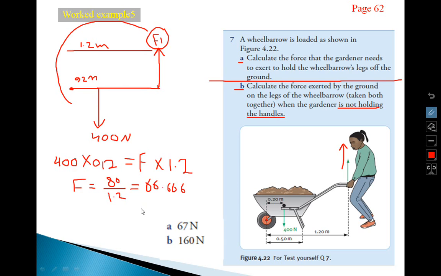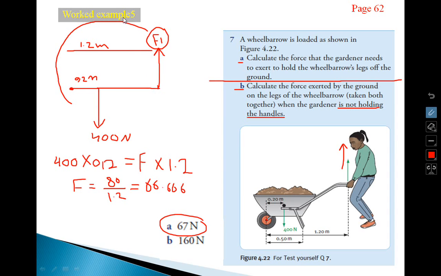So we will say it's approximately equal to 67 Newton. 67 Newton.